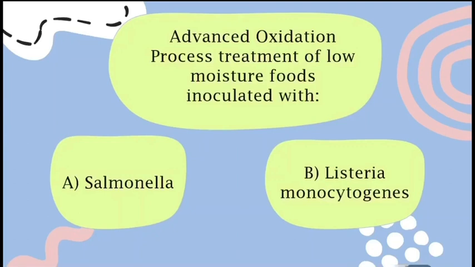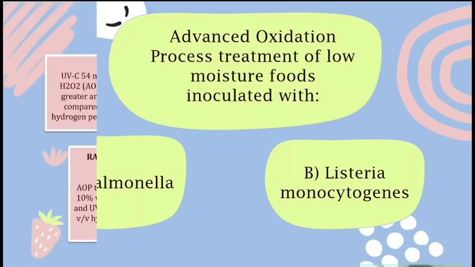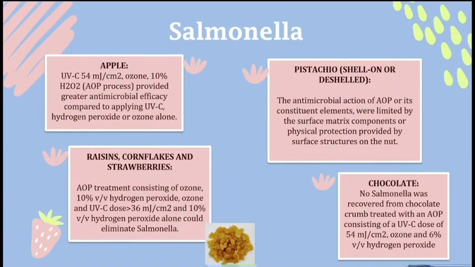Going on to explain the results of the Advanced Oxidation Process treatments, or AOP, of low moisture food inoculated with Salmonella and Listeria monocytogenes. For Salmonella, I can conclude that for sample apple, the AOP process, which is 54 mJ/cm² dose of UVC, ozone, and 10% hydrogen peroxide, provided greater antimicrobial efficiency compared to applying UVC, hydrogen peroxide, or ozone alone.